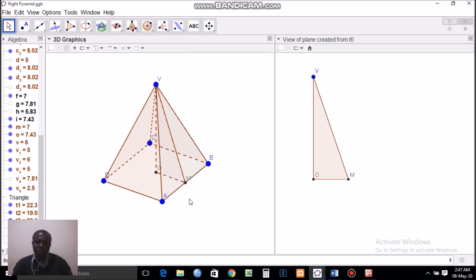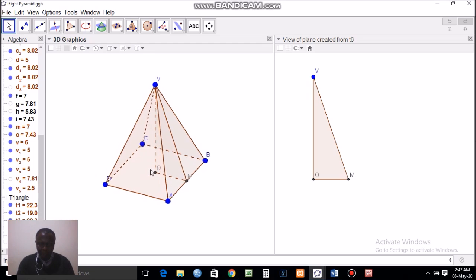Now we need to identify the triangle, the plane figure on which VM lies. There are several scenarios, but I've decided to see VM as part of triangle VMO. You can see triangle VMO. That is the triangle I have drawn separately here.